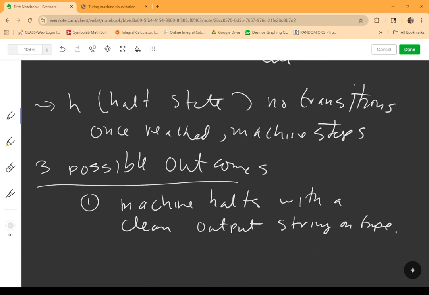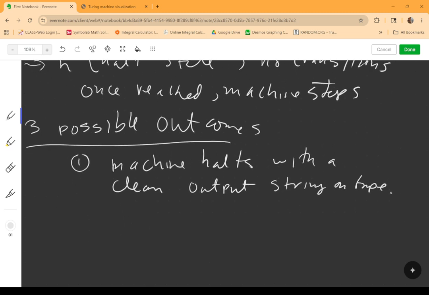This is our desired outcome, whatever we want the clean output string to be.